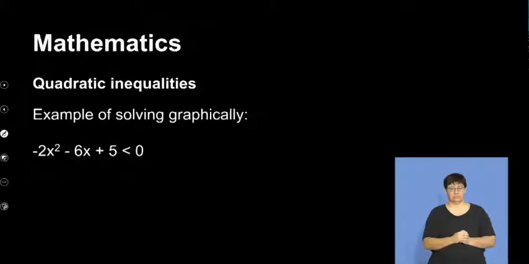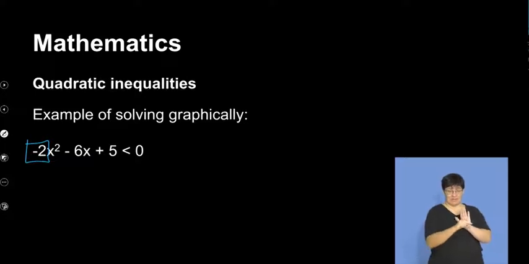Now, let's just do an example, right? That has to do with solving this using an inequality. So remember, this graph is a negative graph, right? But we hardly deal with a negative graph. I always say to you, with anything that you do, always make sure that the coefficient of x squared is always positive.